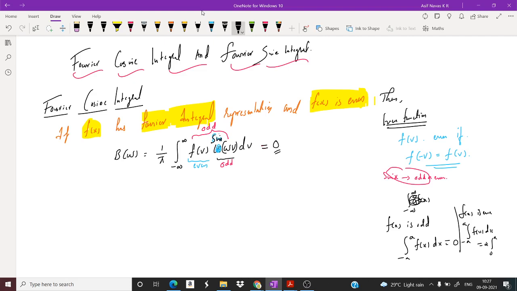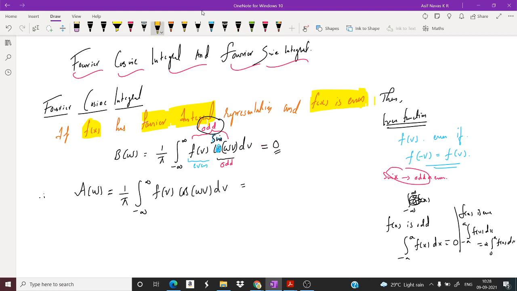So here it is odd, therefore this is 0. Therefore, and also what will happen? A of omega. By definition, it's 1 by pi integral minus pi to pi f of v cos omega v dv.